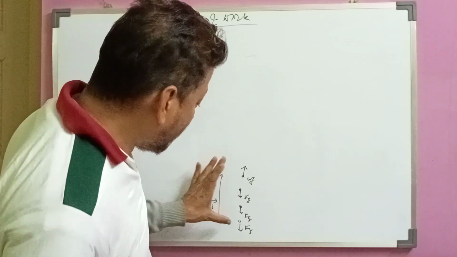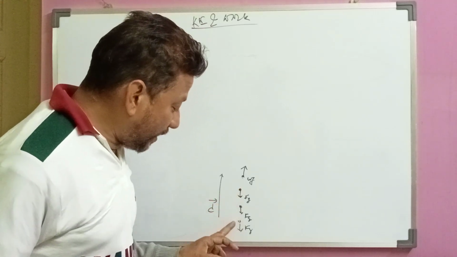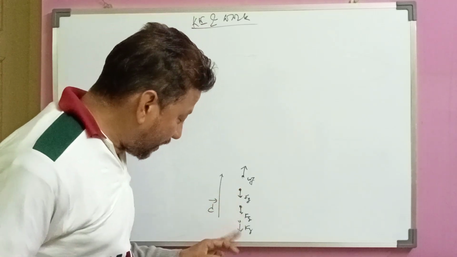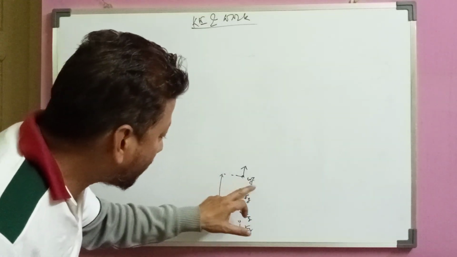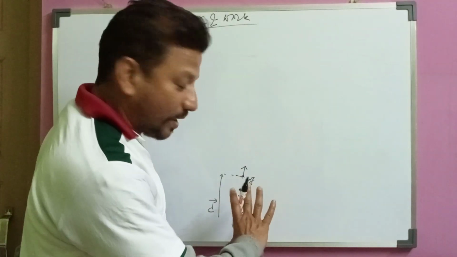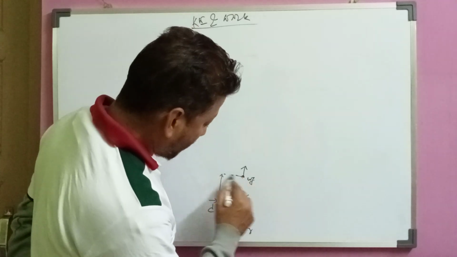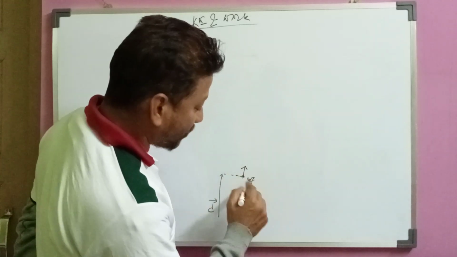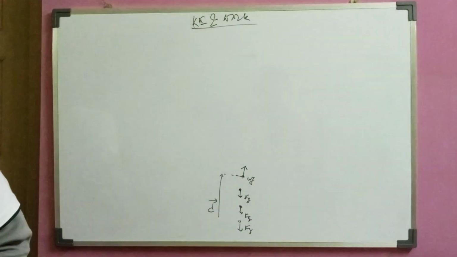So this is the conceptualization. The body will be denoted by Fg, but when the body is parallel to this distance, it will be Wf. You have to learn like this.